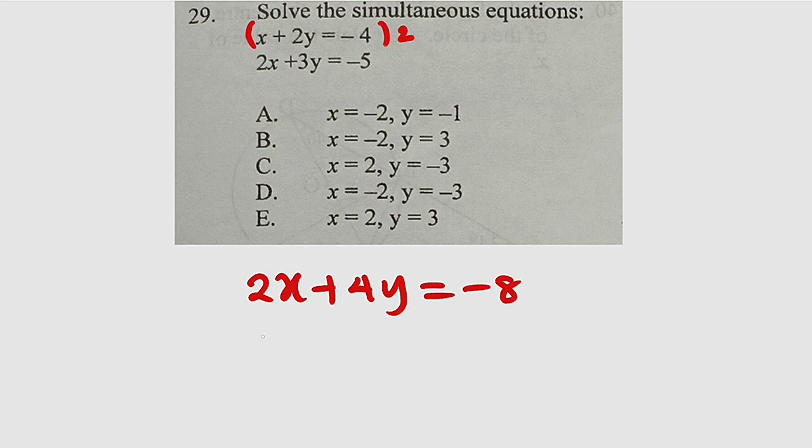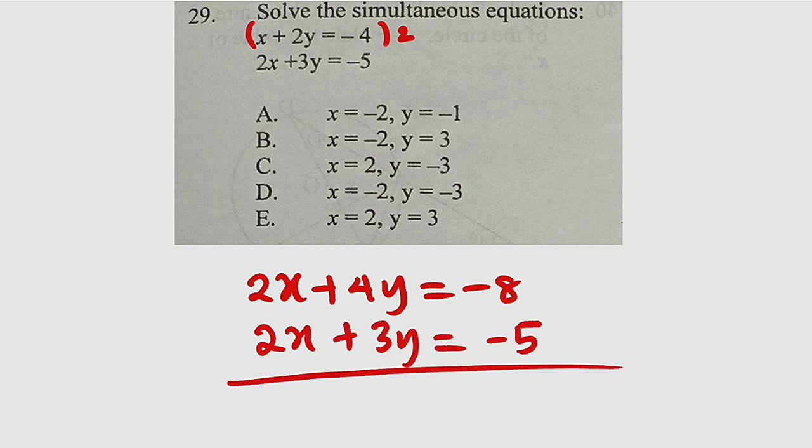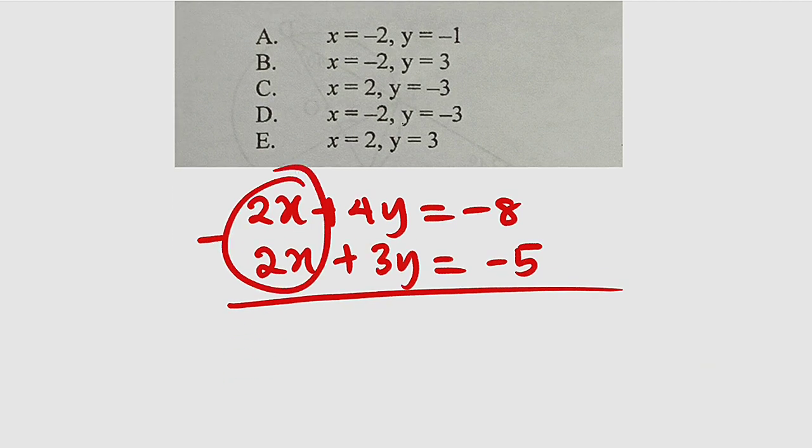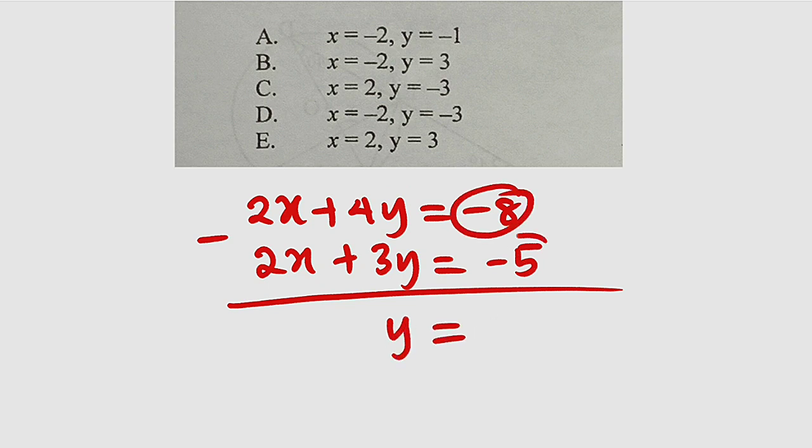Then I will bring the second equation, which is 2x plus 3y equals negative 5. Let's subtract the two equations. This minus this is 0. This minus this is y equals negative 8 plus 5, which is negative 3. And hence y is equal to negative 3.